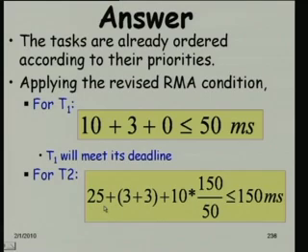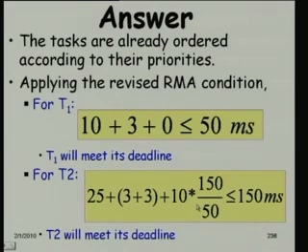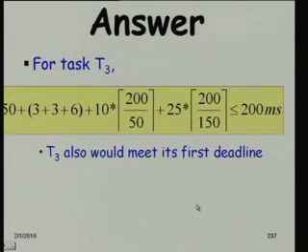But for T2 we need to consider the higher priority task, which is 3 plus 3 is 6, and ceiling of 150 by 50 is 3. So, 3 into 10 is 30, 25 plus 30 is 55, plus 6 is 61, which is less than 150. So, T2 will also meet its deadline.